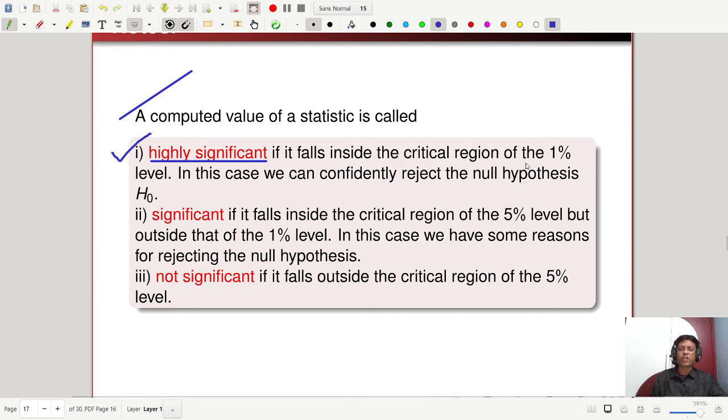the critical region of the 1% level, 0.01. In this case, we can confidently reject the null hypothesis.